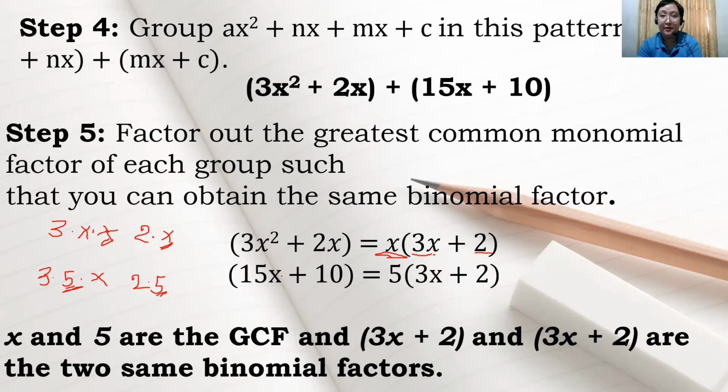So this is your 5, the common factor. And then the other factors are 3 times x, we have here the 3x, and the other factor also is 2. So that is for step 5.